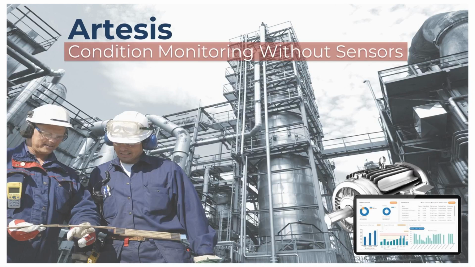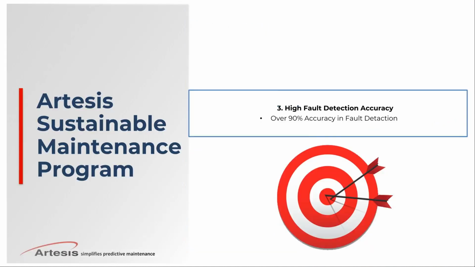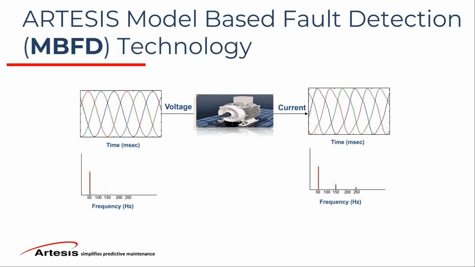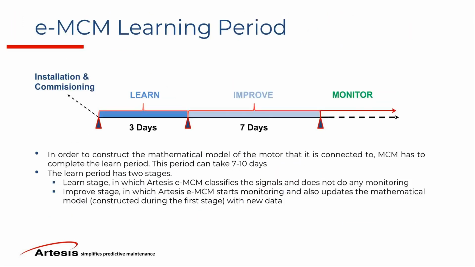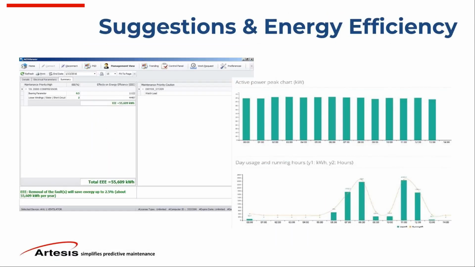Okay, I already started to see the questions. I see that the question is: what kind of faults can be detected in case of a submersible pump application? We actually have different types of faults, including bearings or imbalance, or even pump impeller issue detections for submersible pumps.